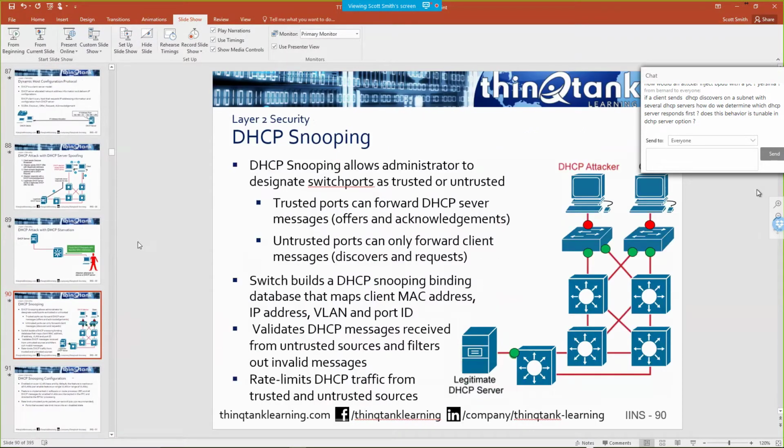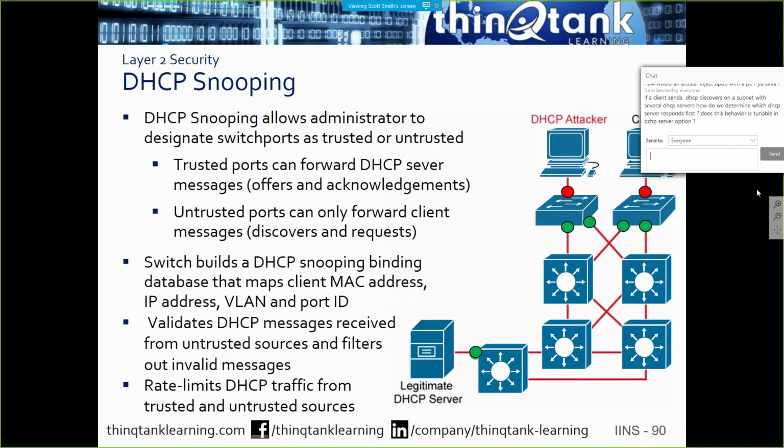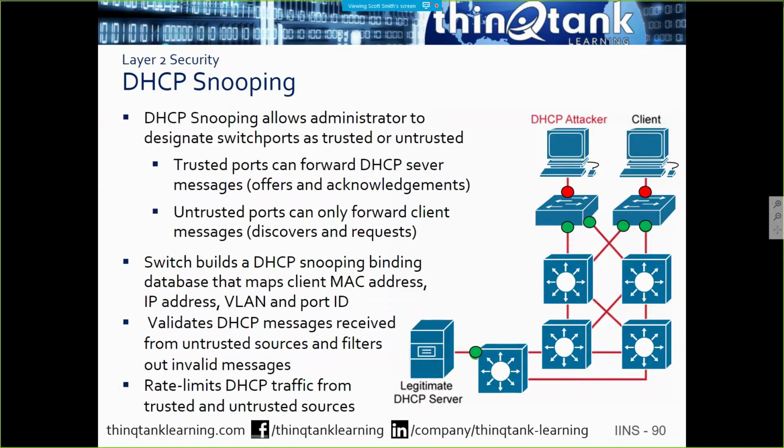Which is DHCP snooping. All right. I've got a question online. If a client sends a DHCP discover on a subnet with several DHCP servers, how do we determine which DHCP server responds first? You don't. Is this behavior tunable in the DHCP server?